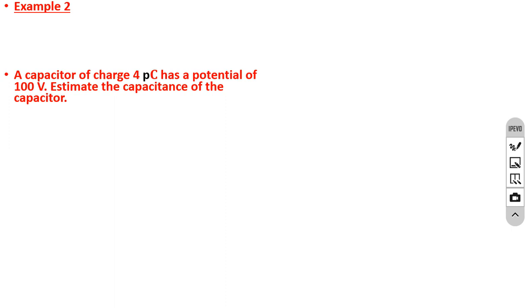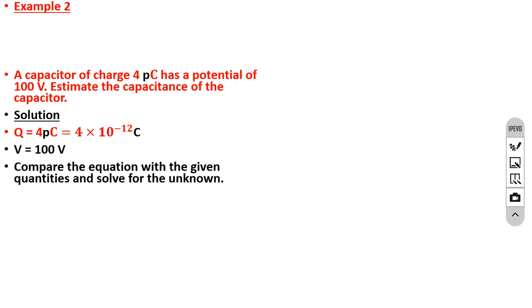Look at the SI unit. 4 picocoulomb and 100 volts. The unit, I used to say, is a language, it tells you what the quantity is. So the first quantity is the charge. The second quantity is the potential difference.